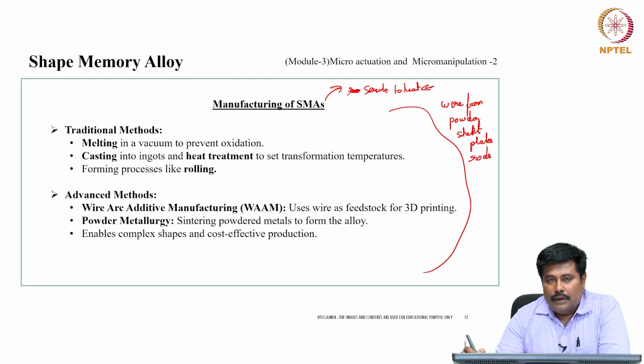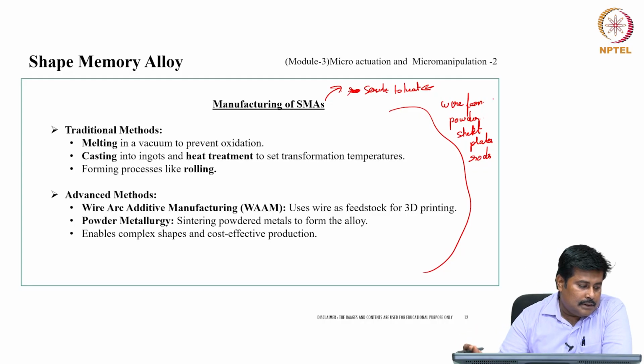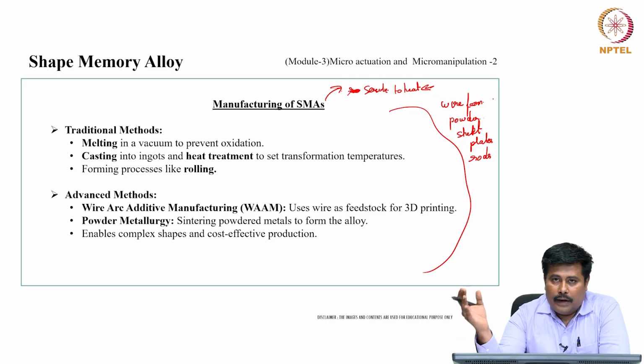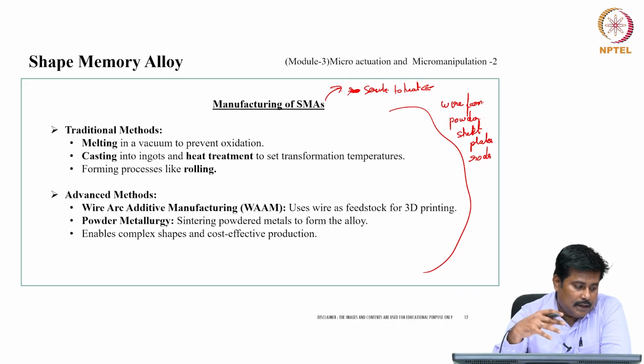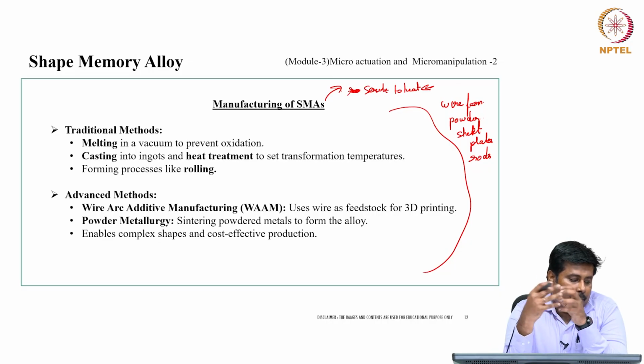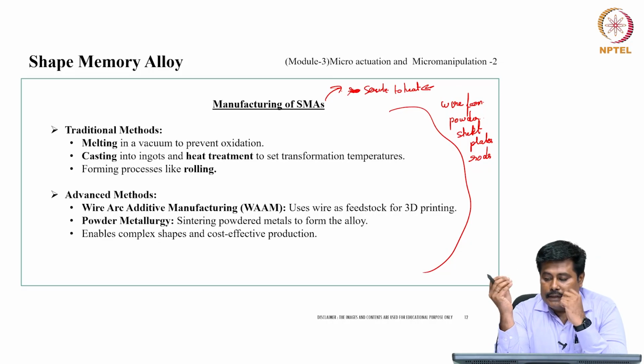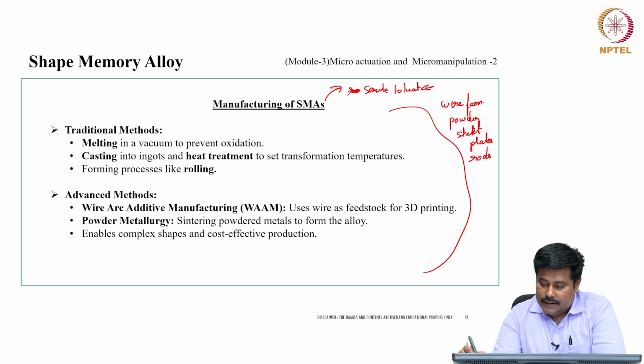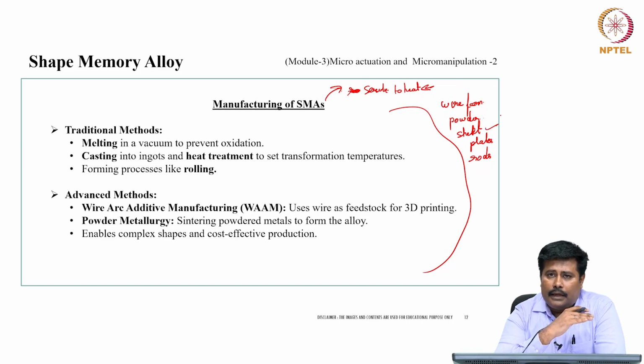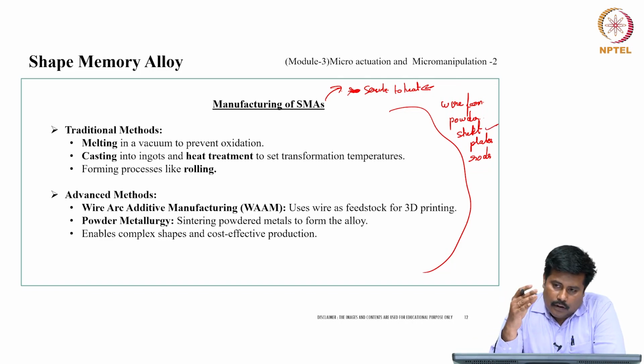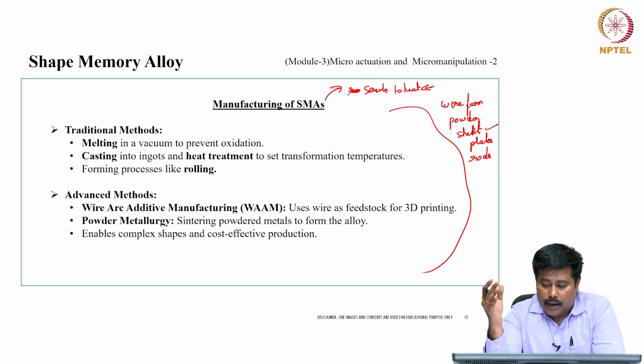In the wire form, of course it can be in different diameters. From a powder point of view, in many cases Ni is taken separately, titanium is taken separately, and they are appropriately ball milled to get the structure. Then in the form of sheets, we can get thin sheets from 0.1 mm to a higher order. Plates, we can go for thick plates also.